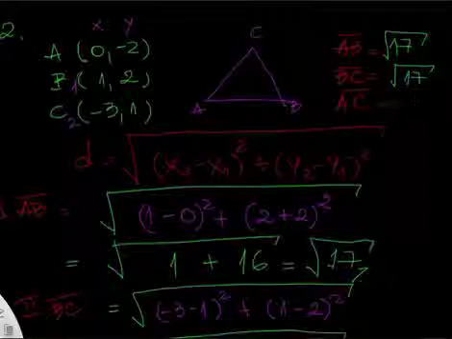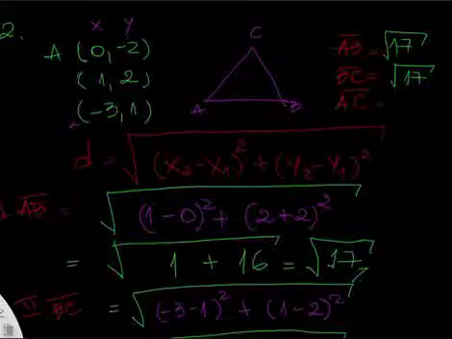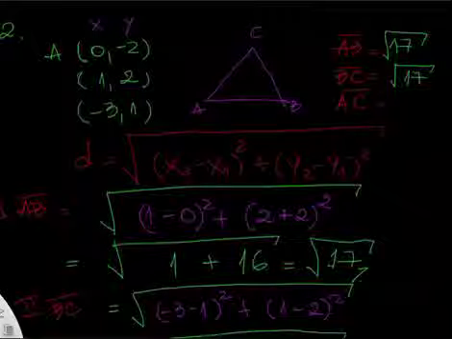So now, let's find out if it is an equilateral. If we find that this side is the square root of 17, definitely it is an equilateral triangle. If not, we are going to have an isosceles.